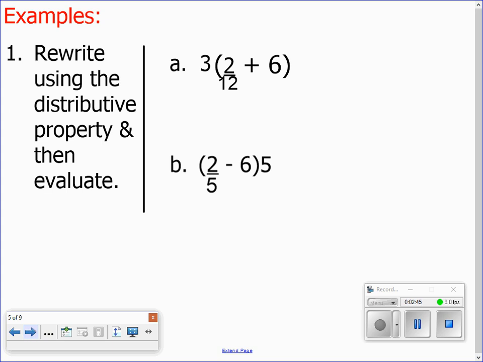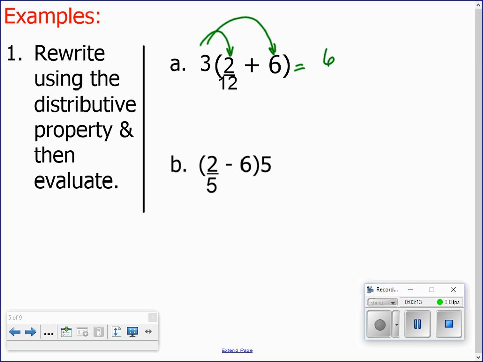So rewriting expressions when we have the distributive property, this is what we want to do. We're going to rewrite using the distributive property, and then if we can evaluate it, we'll evaluate. Using the distributive property, we take each of the numbers on the inside and multiply it by the number on the outside. So here we have 3 times 2 twelfths. Remember, if you're multiplying by a fraction, numerator times the numerator.